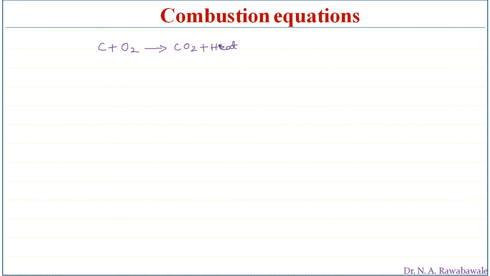So the above equation means that one molecule of carbon reacts with one molecule of oxygen to produce one molecule of carbon dioxide along with the generation of heat. The quantity of heat may not be written every time. The amount of oxygen given by the above equation is just enough for complete combustion of carbon. Such a balanced equation with the minimum oxygen requirement is called the stoichiometric equation.